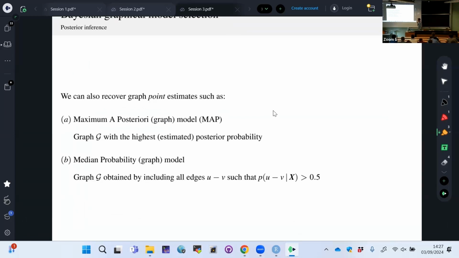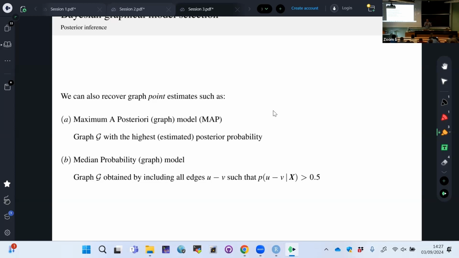Otherwise, you can consider what is called a median probability graph model. The median probability model was introduced in the same paper that I mentioned before by Scott and Berger, where it was also shown to have optimal properties from a predictive point of view, so better than the maximum a posteriori in a linear model selection context. So again, here we can adapt it.